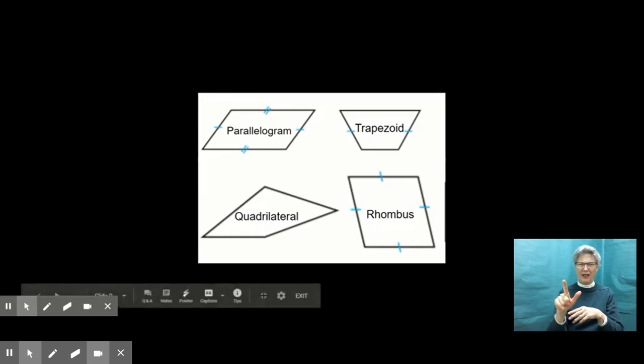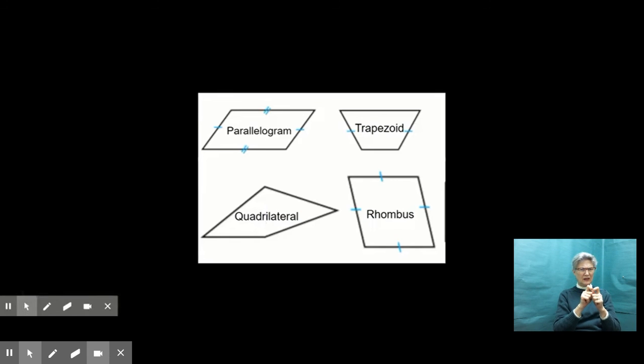I couldn't get any more specific than that because there's not even 1 set of parallel sides, right? None of these sides are parallel. I don't know if any of them are the same length. That's not identified. So this is simply a quadrilateral, a 4-sided figure. And then my last shape here, I have a rhombus. And I know it's a rhombus because all 4 of those sides are the same length.